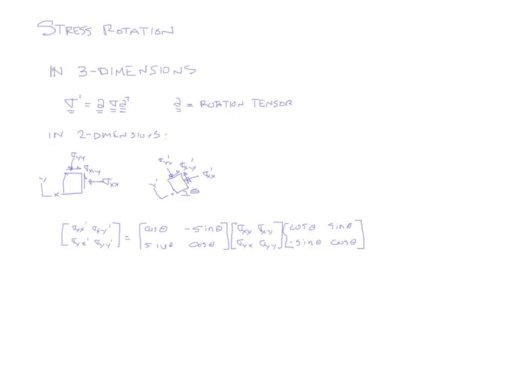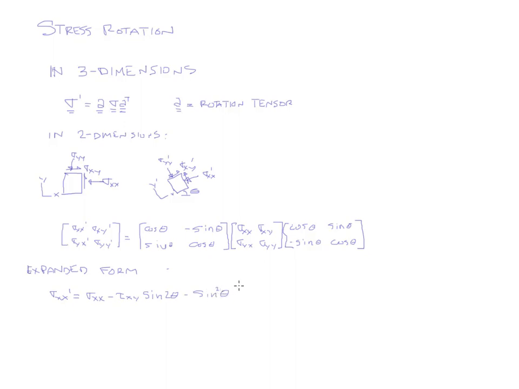Now, if you were to expand this out, you could do a matrix multiplication there on the right side, and then write out the direct expressions for sigma xx prime and sigma yy prime and tau xy prime. You would end up getting these expressions here, which can be really convenient if you want to write a code where a user could input some rotation angle theta and you want to automatically calculate stress components on that angle.